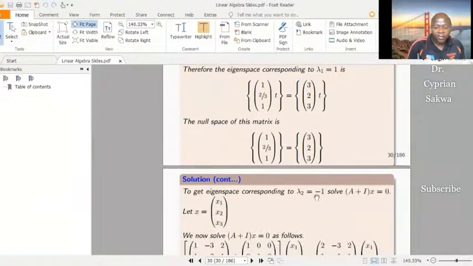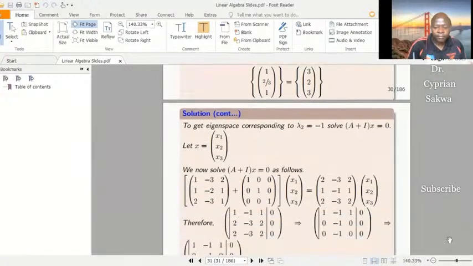The eigenvector for the last, lambda 2, was this, and the procedure will be the same. I need to get A plus I, because this is supposed to be A minus lambda I. But lambda is negative 1, so this is A minus negative 1 I, times x equals 0.